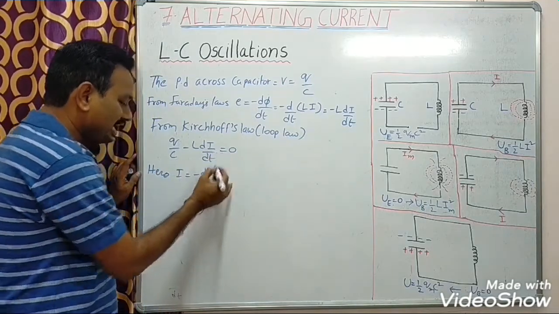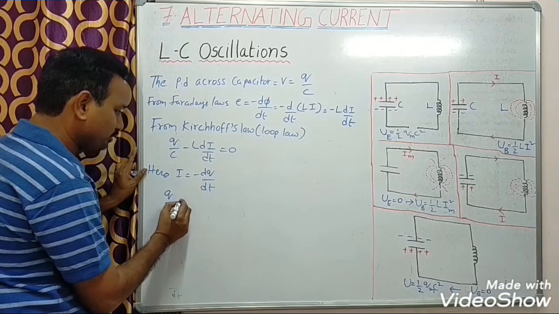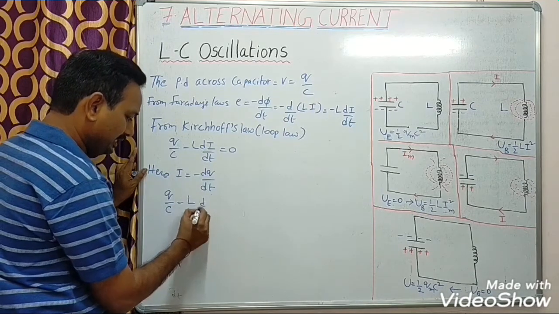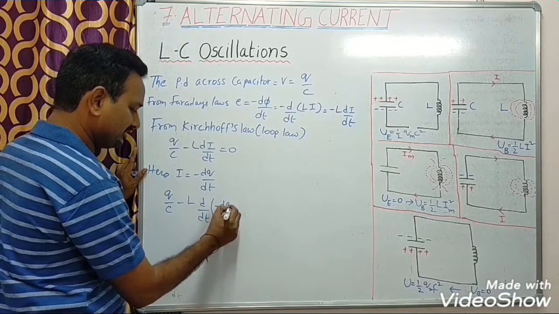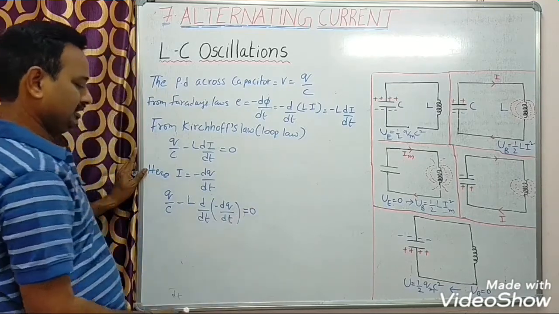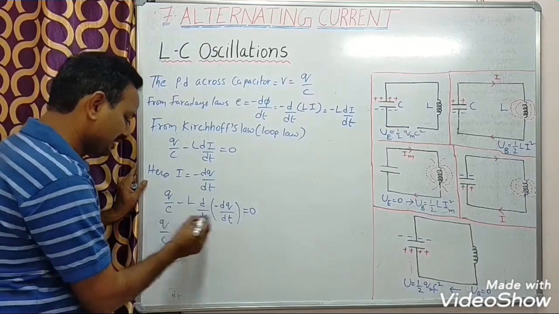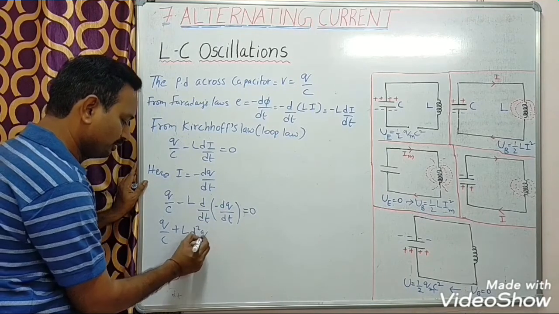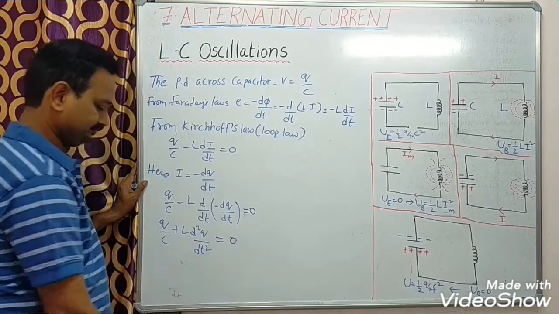So I will substitute this in the above equation. Then I will get Q by C minus L into d by dt of minus dq by dt is equal to 0. Minus into minus gives plus, so Q by C plus L into d square Q by dt square is equal to 0.